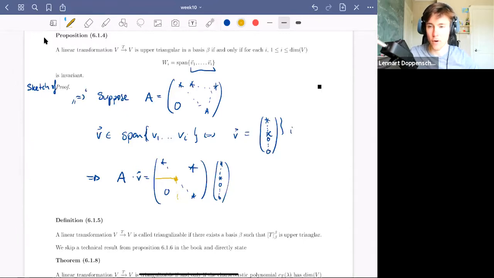Oh, sorry, the ith row is the last row where there's anything non-zero in this spot or left of it.